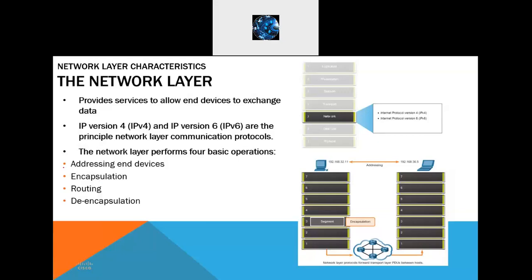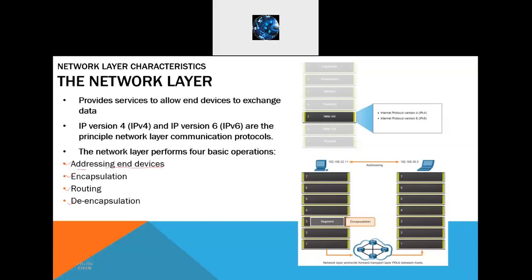Look at what it says: addressing end devices, encapsulation, routing, and de-encapsulation. These are the things that happen at layer 3. That doesn't mean encapsulation did not happen at layer 2 or layer 4; we also have encapsulation there. But the main thing that happens at layer 3 is addressing end devices.